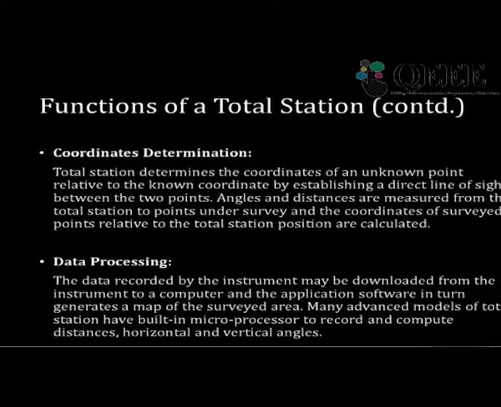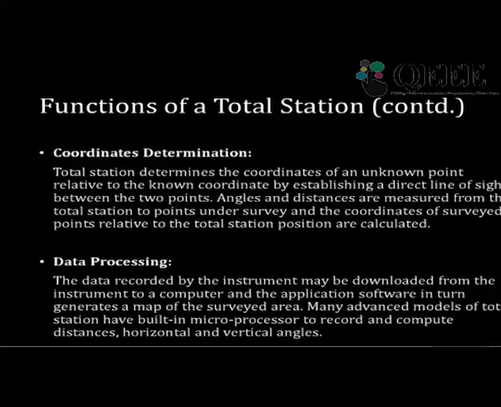Suppose we have 3 known points, whose locations you already know based on the GPS survey or your previous surveys. Now we have kept a total station at a particular unknown point. You want to note down the coordinates of this particular point with respect to the other known stations.